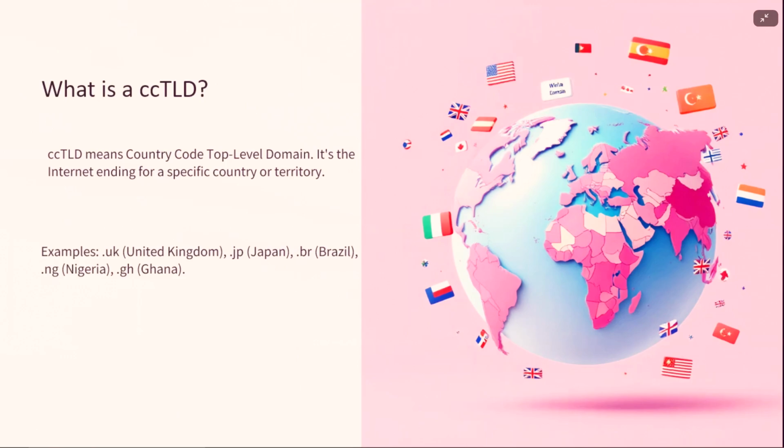On the screen you can see .uk, which represents the United Kingdom. We have .jp for Japan, .br for Brazil, .bj for Benin, .ng for Nigeria, and then our own Ghana, we have the .gh.